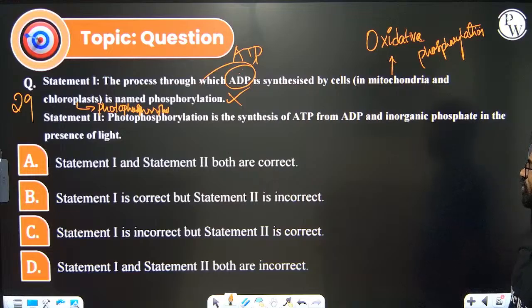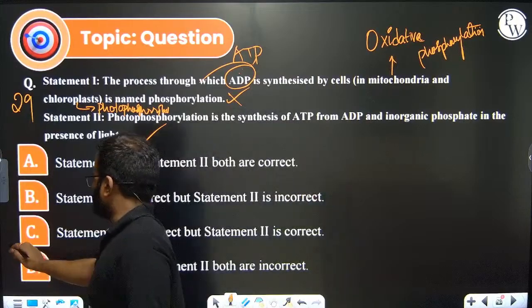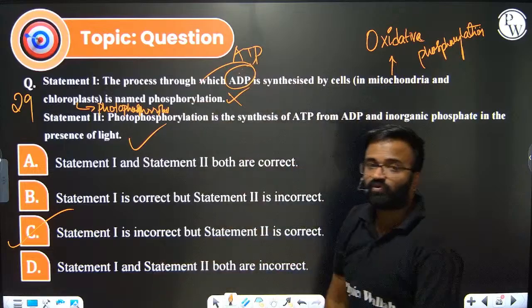Photophosphorylation is the synthesis of ATP from ADP and inorganic phosphate in the presence of light. Absolutely true. So the answer will be C. If ATP had been written here, then statement 1 would have been correct as well.